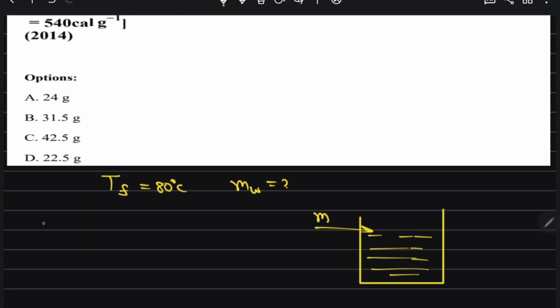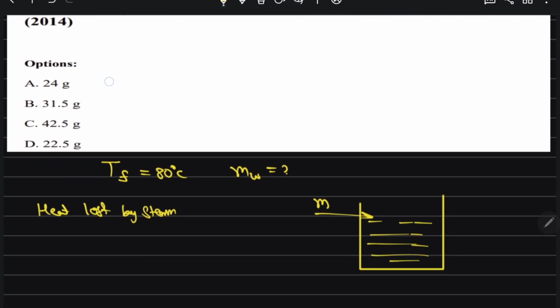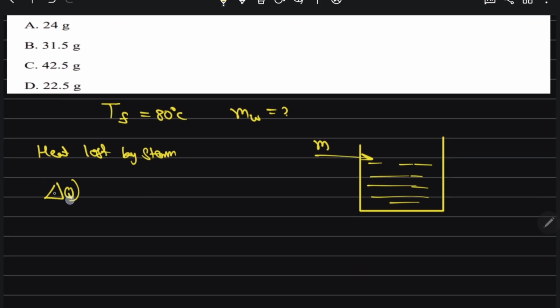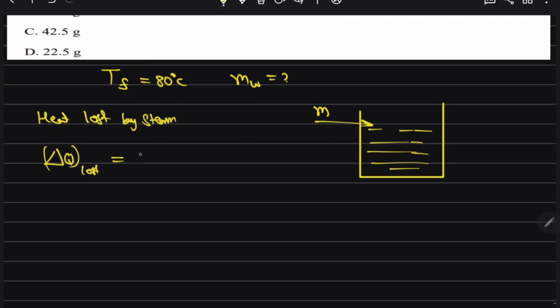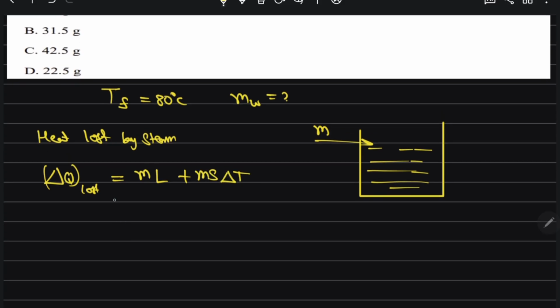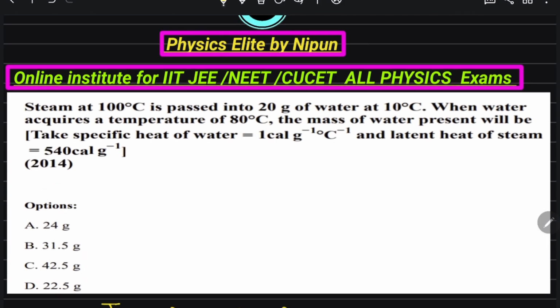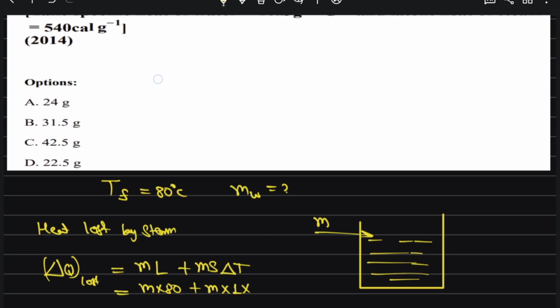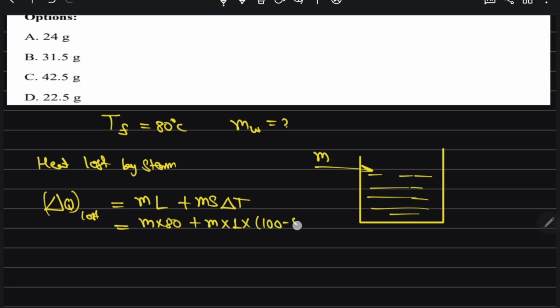Means heat lost by steam, that is delta Q lost, is equal to m L plus m s delta T. So m into 540 plus m into specific heat of water 1, and they go till 80 degrees Celsius, means 100 minus 80.